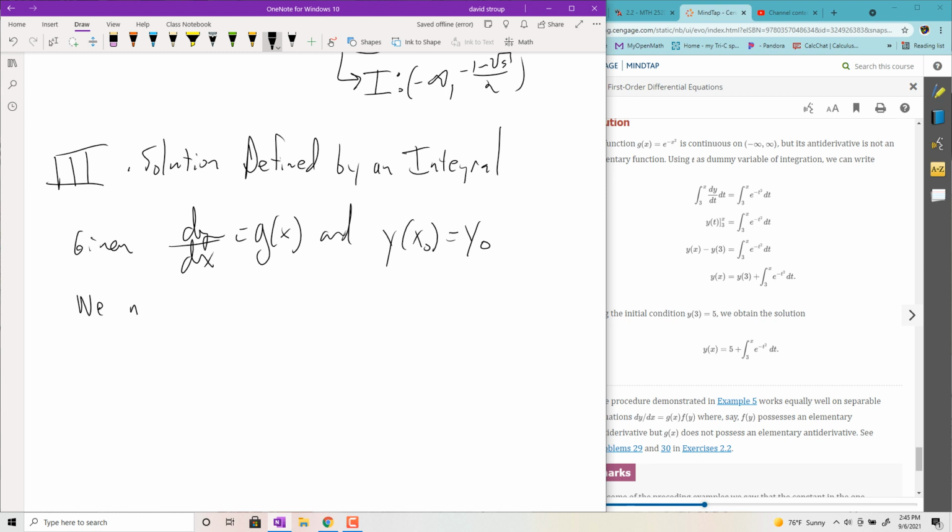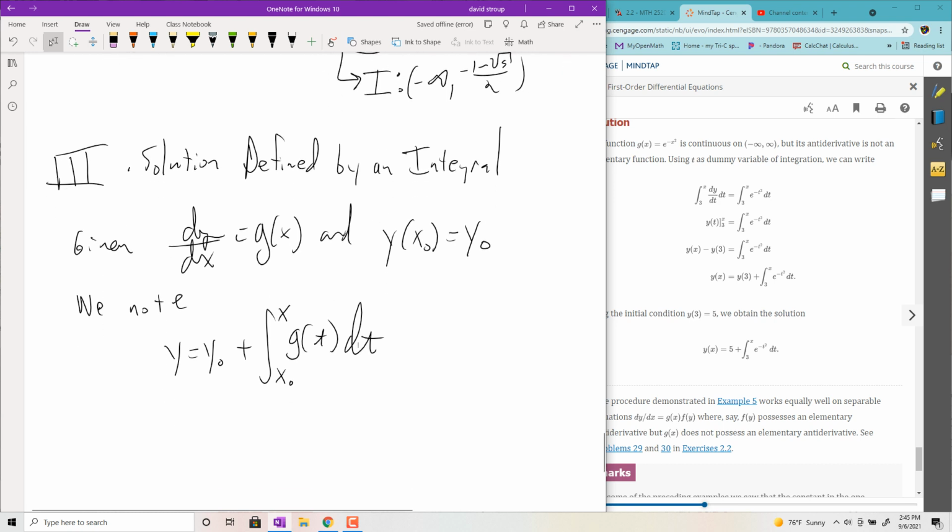You can write up the solution as y equals y sub 0 plus the integral from x sub 0 to x of g of t dt. And all that means is basically on the right-hand side, you weren't able to integrate, okay?